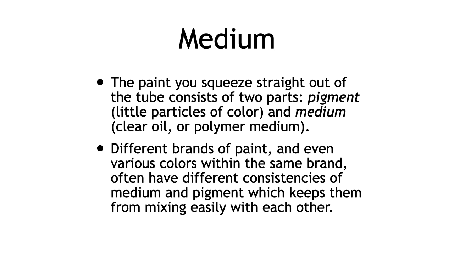Now the different parts of the class are working within different mediums already, right? We have those who are working with oil paint. We have those that are working with acrylic paint. But there's also other mediums and things you can add to those paints where we can change the way the paint dries. It can change the consistency.